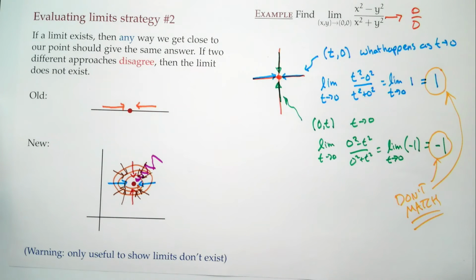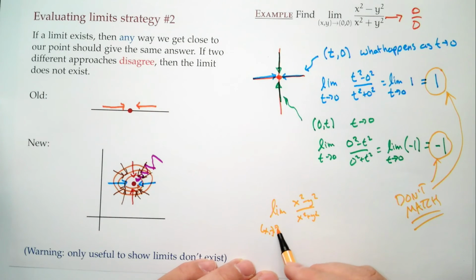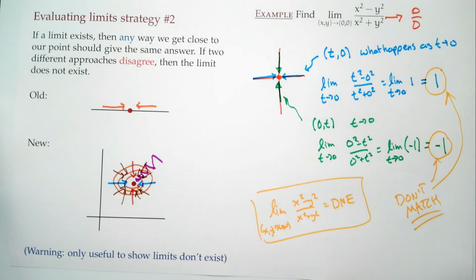Because if I get different answers depending upon how I approach, then that allows me to conclude that my limit, x squared minus y squared over x squared plus y squared, as (x, y) goes to (0, 0), does not exist. Because I'm getting different answers depending upon how I choose to approach.